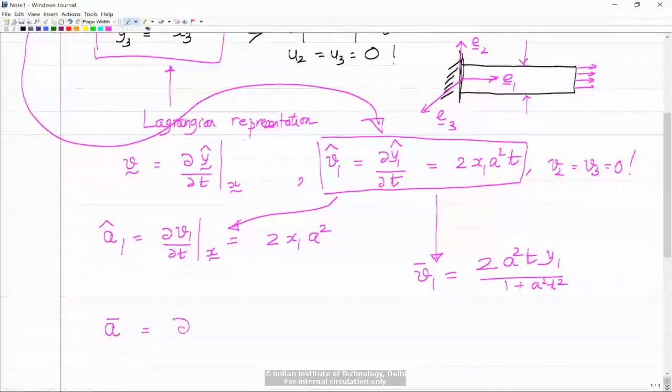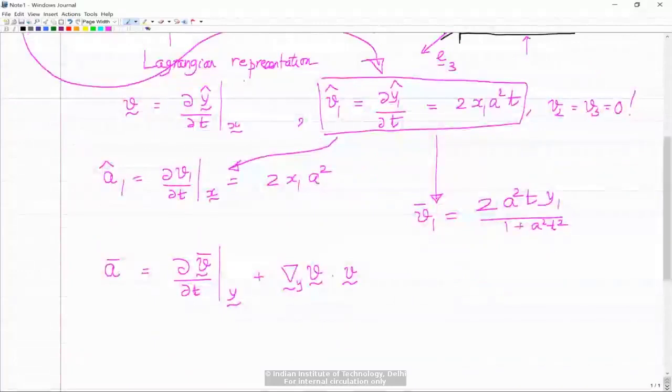It was del V bar over del t at constant y plus the gradient of velocity with respect to y, the Eulerian gradient, multiplied with velocity again, isn't it? And you can remember the significance of the two terms. First one is local acceleration, and the second one is what we call convective acceleration.